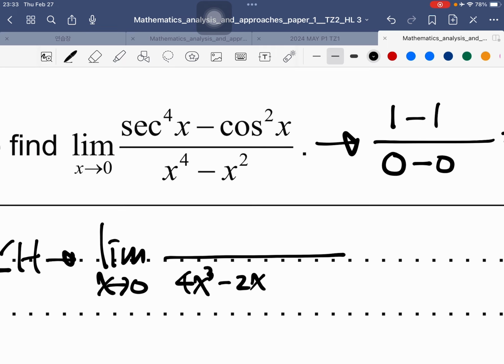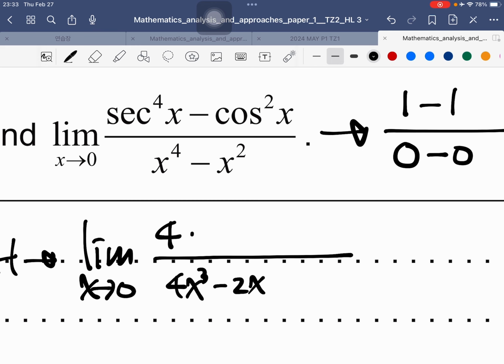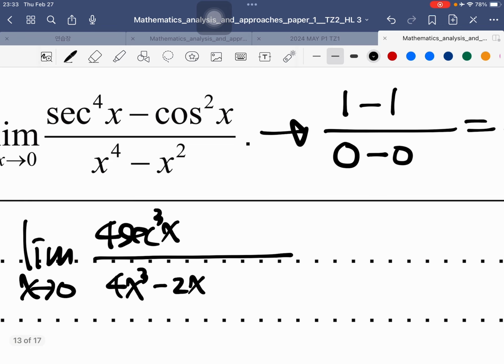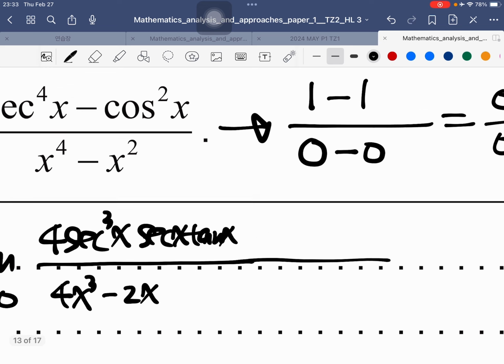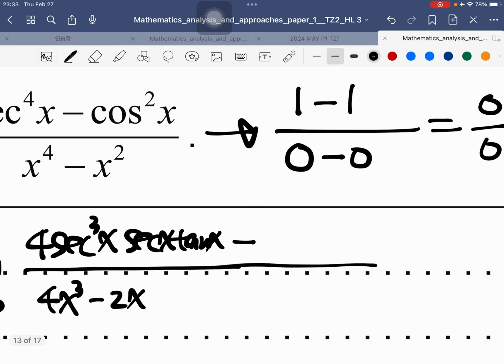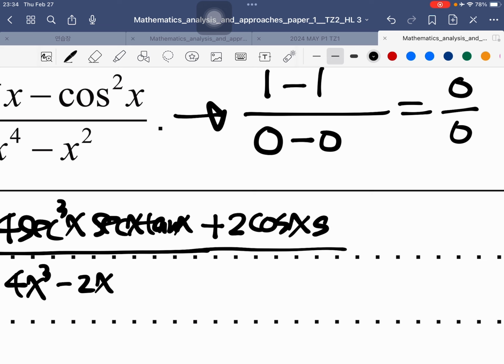Differentiating secant to the 4th power of x will be 4 times secant to the 3rd power of x, times the derivative of secant x, which is secant x tan x, minus the derivative of cosine x squared. So 2 times cosine x, and differentiating cosine x gives negative sine x.